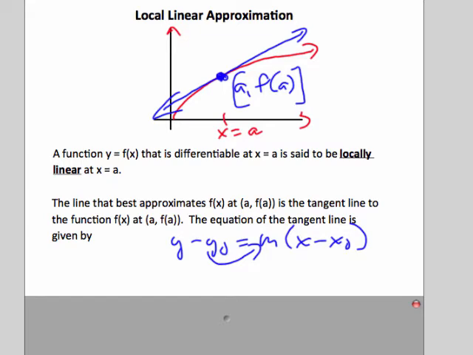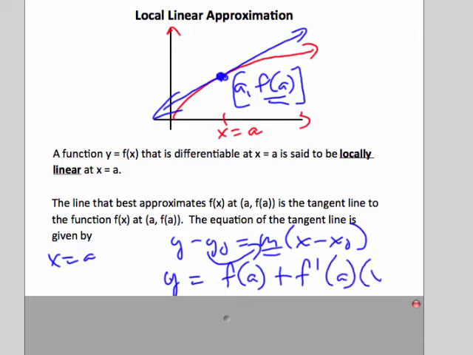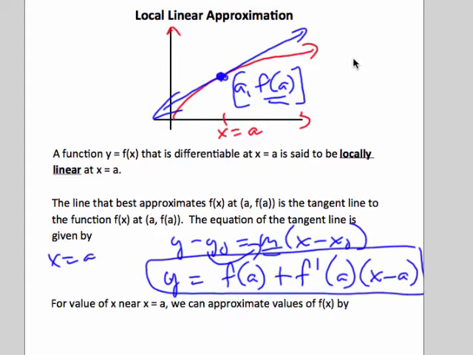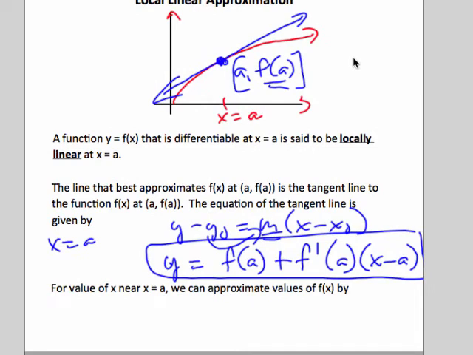That would mean that my tangent line at x equals a is y equals f(a) plus the slope, the derivative at that point, f prime of a, times (x minus a).